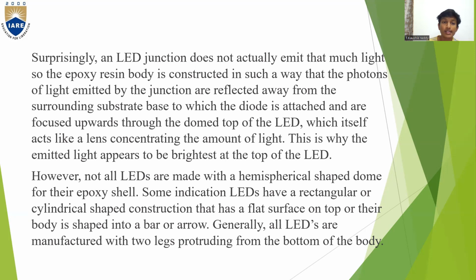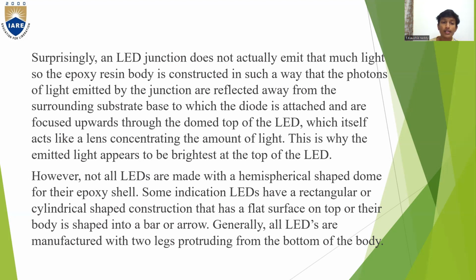So the epoxy resin body is constructed in such a way that the photons of light emitted by the junction are reflected away from the surrounding substrate base to which the diode is attached and are focused upwards through the dome top of the LED, which itself acts like a lens concentrating the amount of light. This is why the emitting layer appears to be the brightest at the top of the LED.